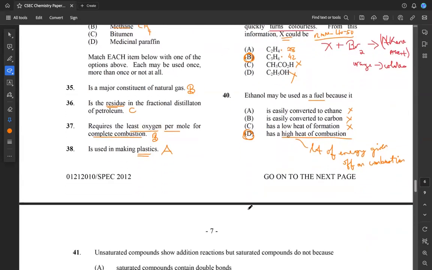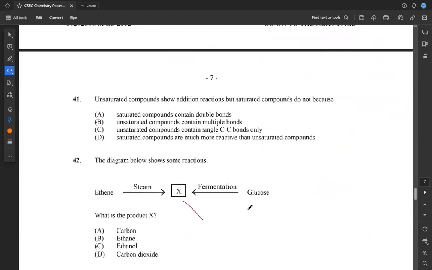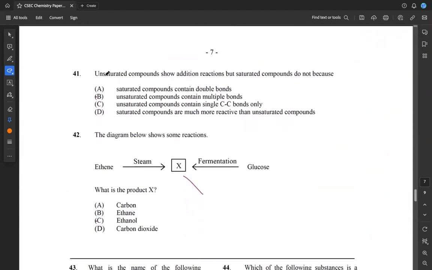We are moving down to 41 now. So 41 says that unsaturated compounds, which are compounds that have what? They can have carbon-carbon double bonds, or they can even have triple bonds. Unsaturated compounds show addition reactions, but saturated compounds like a carbon-carbon single bond do not.